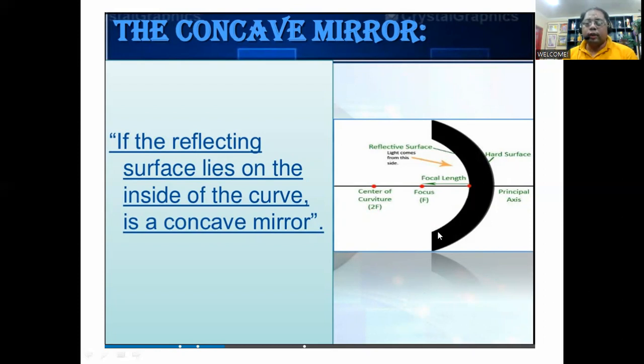Okay, so again, this horizontal black line that passes through all the points, center of curvature, focus, and vertex, is known as the principal axis. So the focus is your halfway point in your radius.